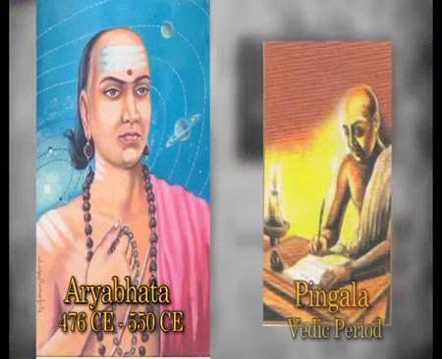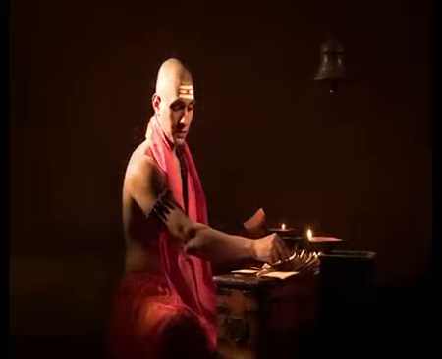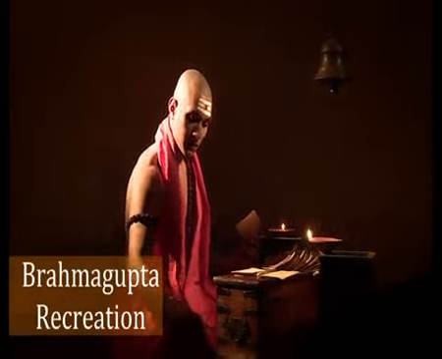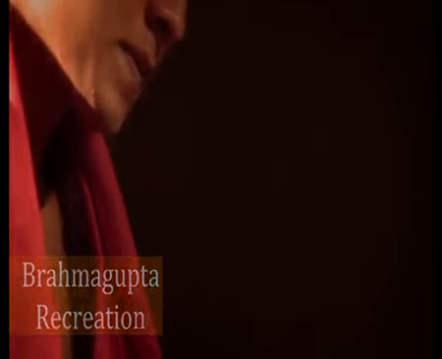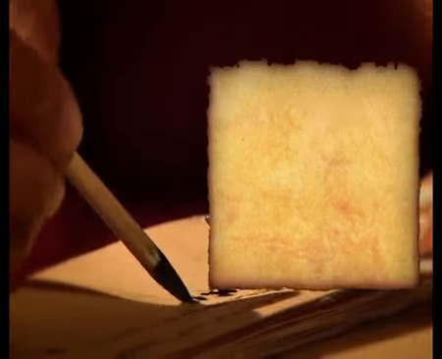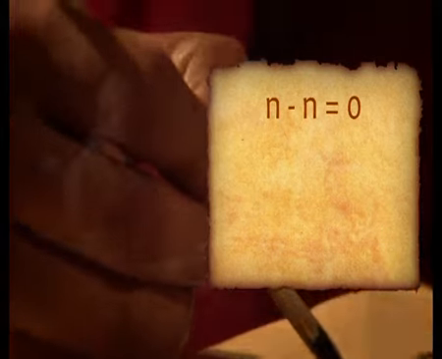Though some believe that Indian mathematicians like Aryabhatta and Pingala knew about it earlier. In fact, the Indian mathematician Brahmagupta also talks about zero. He writes that when you subtract a number from itself, you get zero.